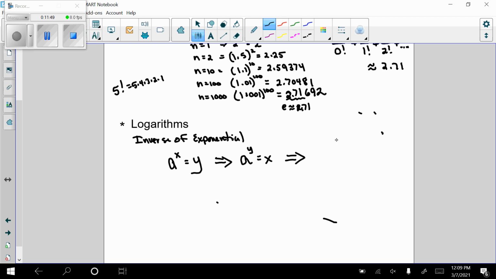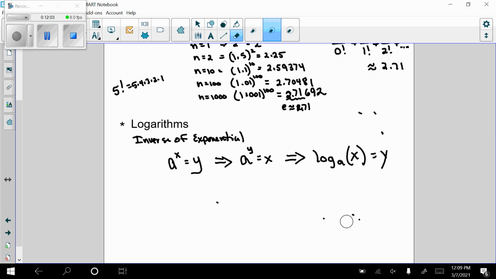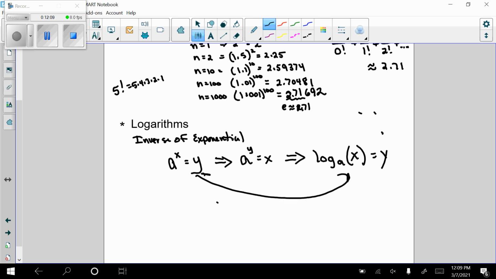Then I can change it to a logarithm, log base a of x equals y. So you can go back and forth from log form to exponential form and vice versa. So these are inverses.